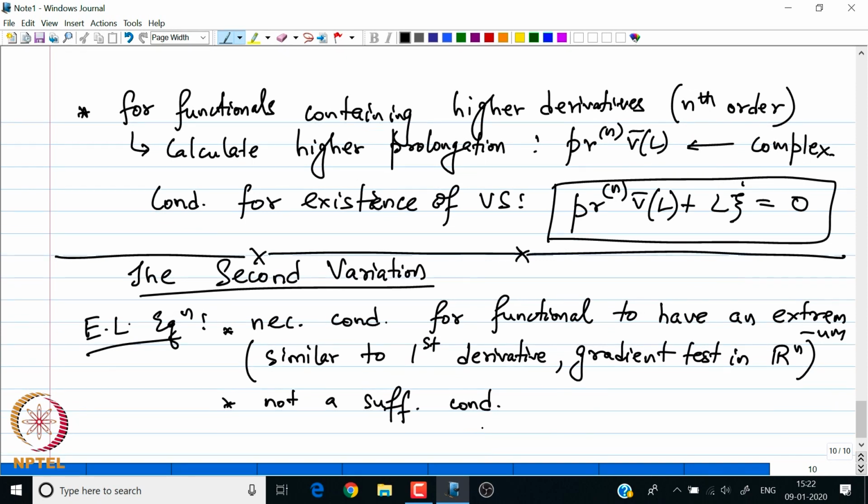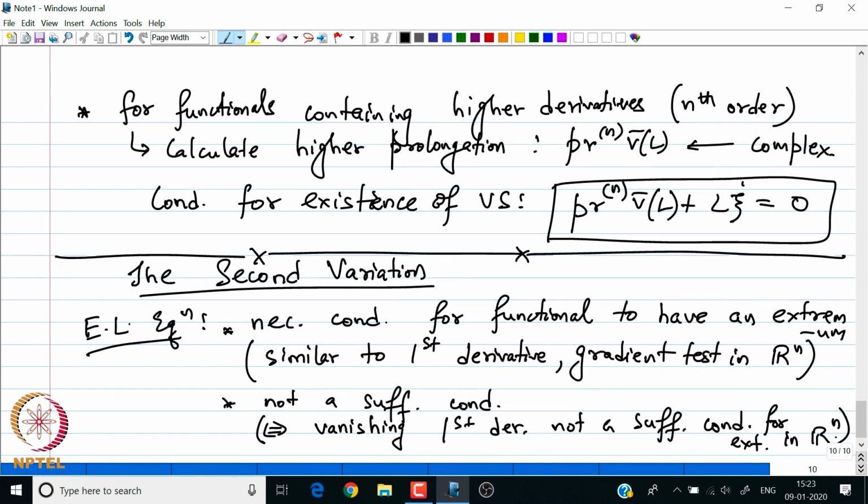Okay. This statement is equivalent to saying that a vanishing first derivative in finite dimensional calculus is not a sufficient condition for the extrema, right, in Rn.